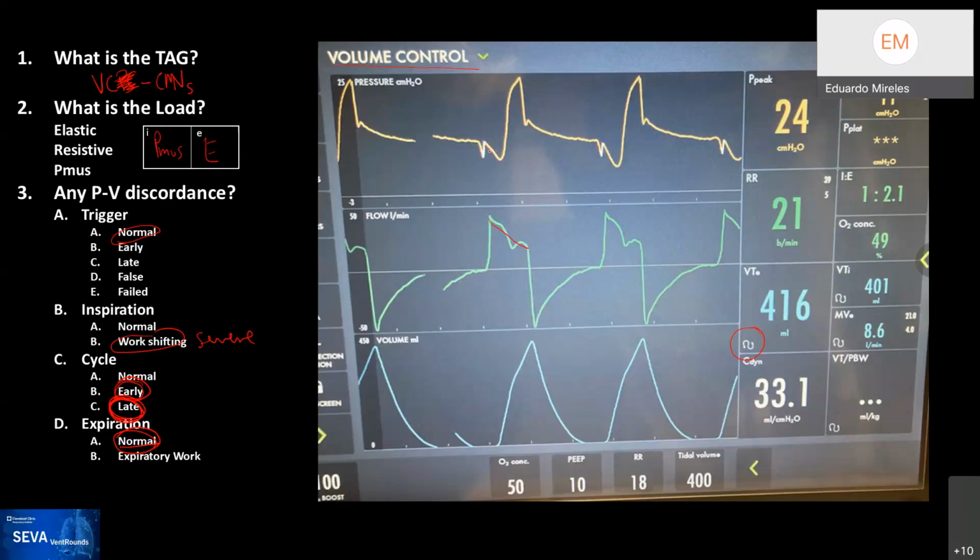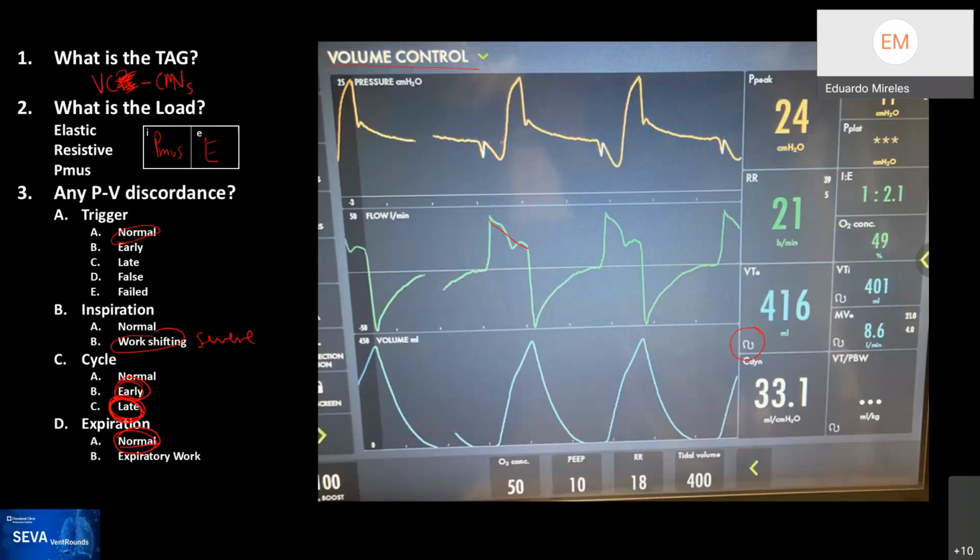But you do see. And so I would call it normal, but right after it triggers and the machine starts pressurizing, and remember at the beginning when it pressurizes, because it's a descending ramp, it gets the majority of the flow, so the pressure starts going up, and then the patient is doing so much effort that it drops the pressure below the baseline on this patient.